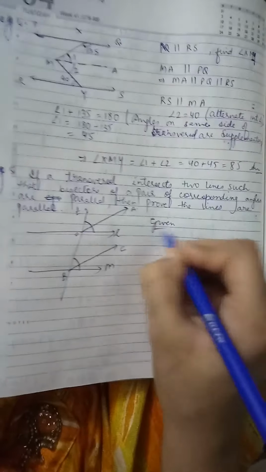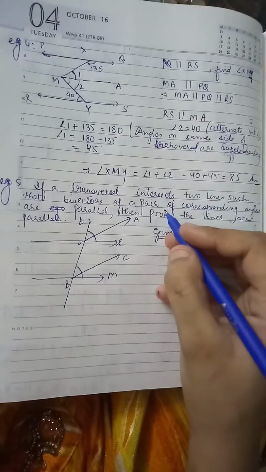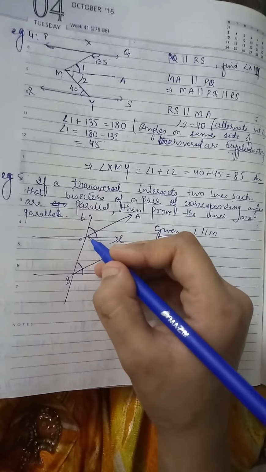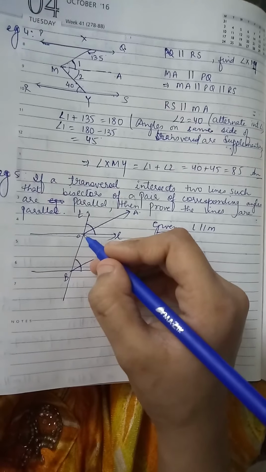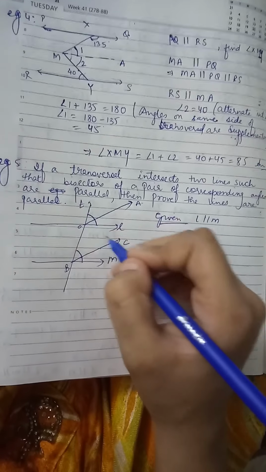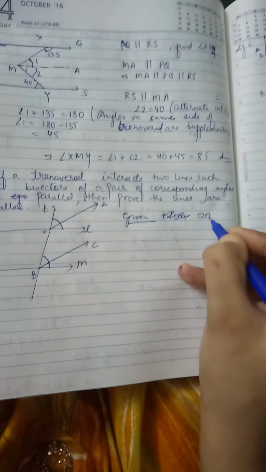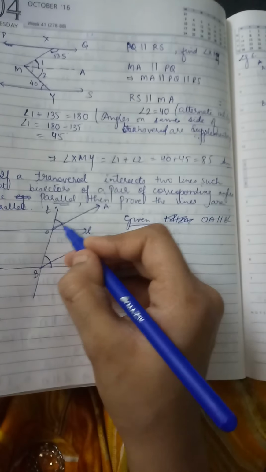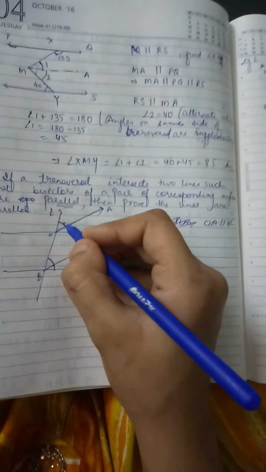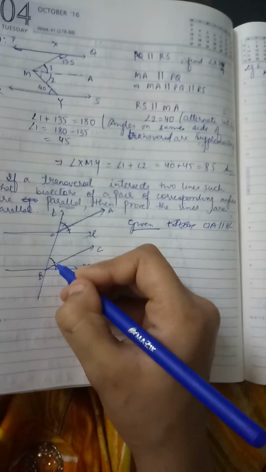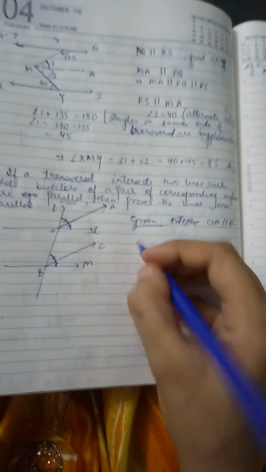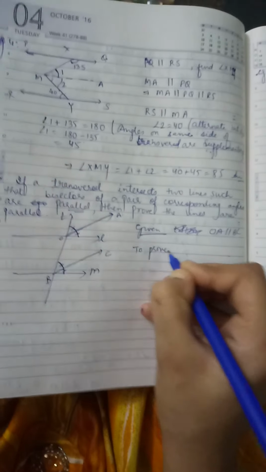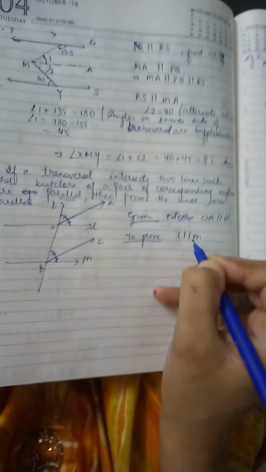So given L is parallel to M, bisectors are parallel. So we have been given OA is parallel to BC. Pair of corresponding angles are parallel. That means this is parallel to this and these are the bisectors. That means this angle is equal to this angle and this angle is equal to this angle. We have to prove that the given two lines are parallel, L is parallel to M.